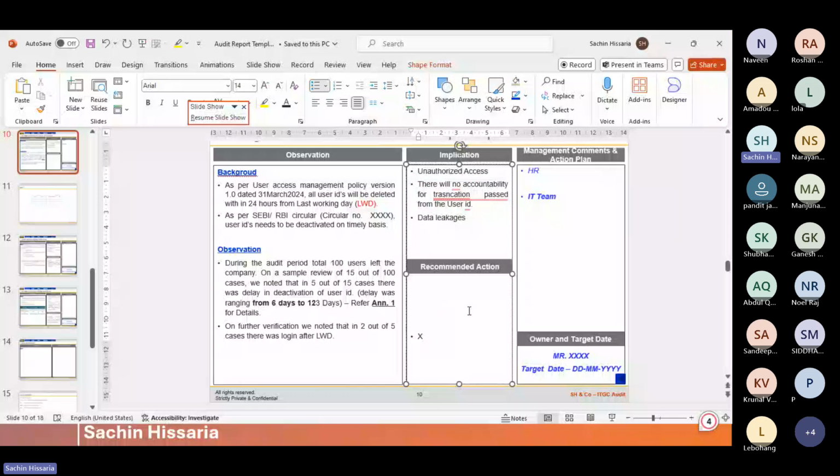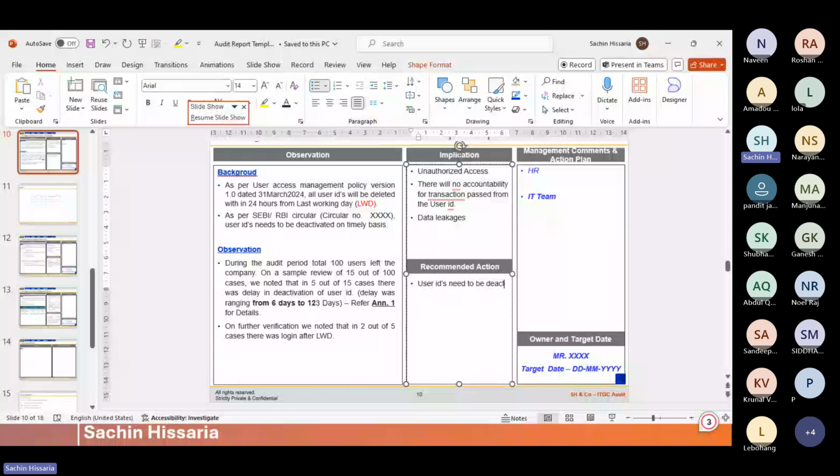And then we will write a recommendation. As a recommendation, first you will write that user IDs need to be deactivated on or before the last working day.